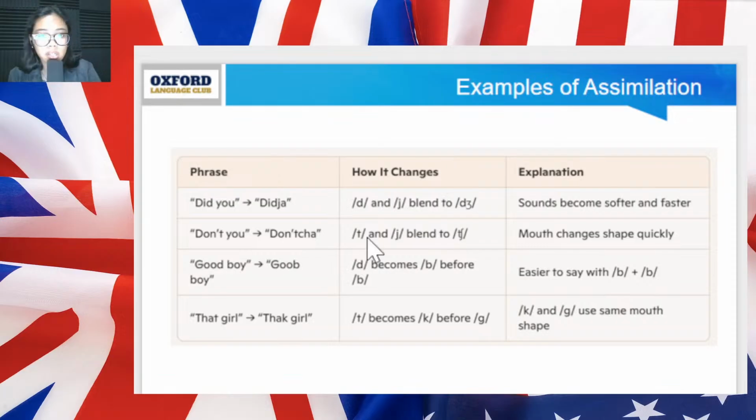So that's why you see here the letter J inside slanted brackets, because when we provide the IPA transcription, or the International Phonetic Alphabet symbols, for the sounds in a word, in a phrase, or even in a sentence, it is always inside these slanted brackets. Okay?